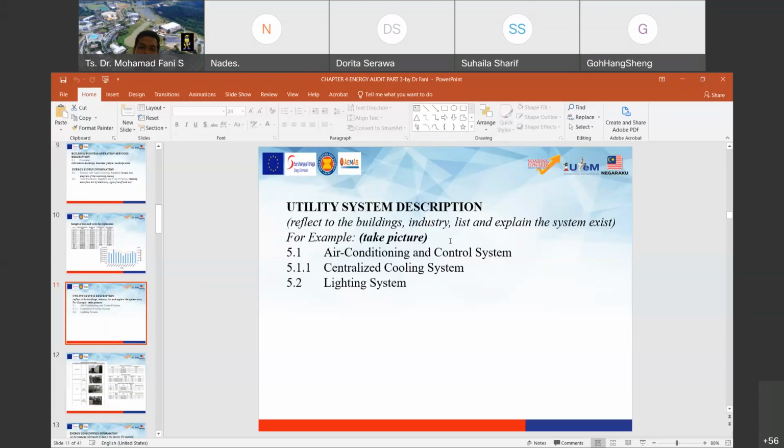Please snap a picture and update it in the energy audit report, and please explain. Don't leave the picture alone, like a figure, okay, Figure 2, air conditioning system, something like that. So please write something to explain that picture.